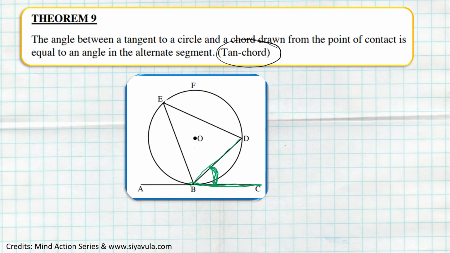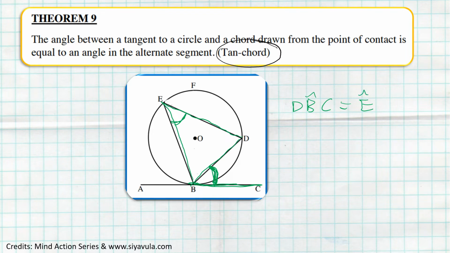This is the angle here, it's angle DBC. The angle between the tangent and the chord is equal to the angle subtended by the two other chords on the circumference. Very, very important. And this is what the theorem states.